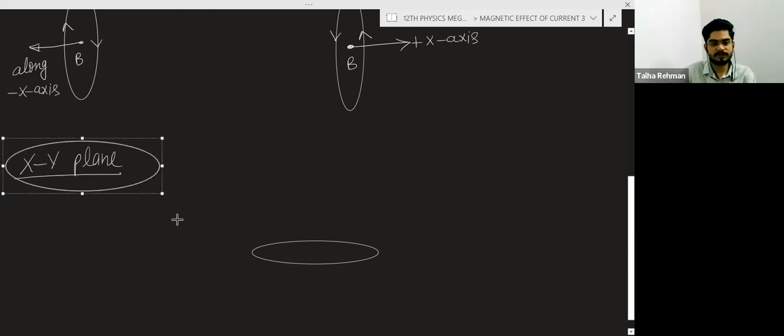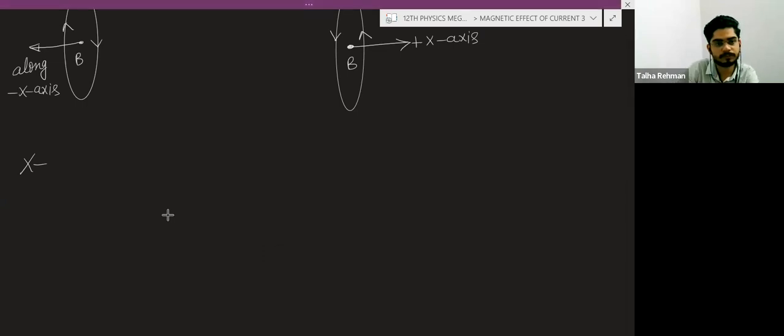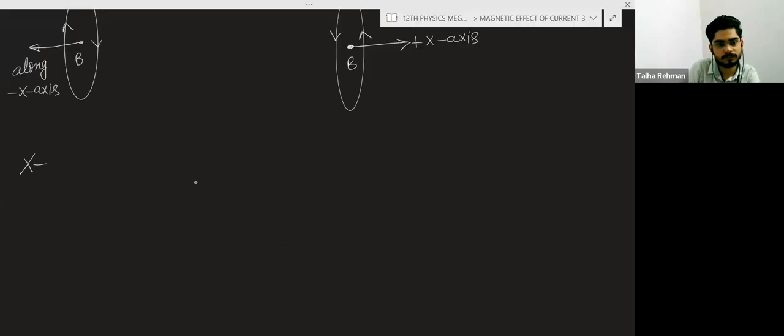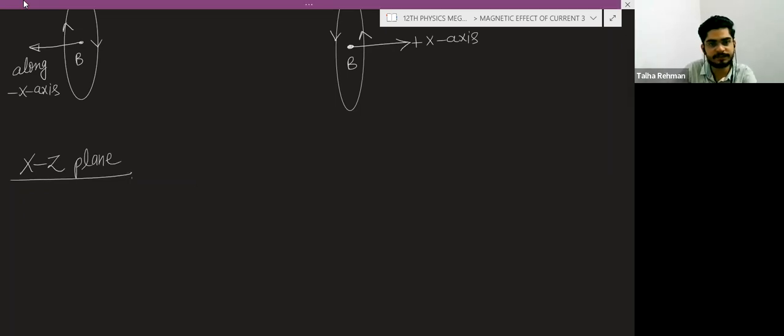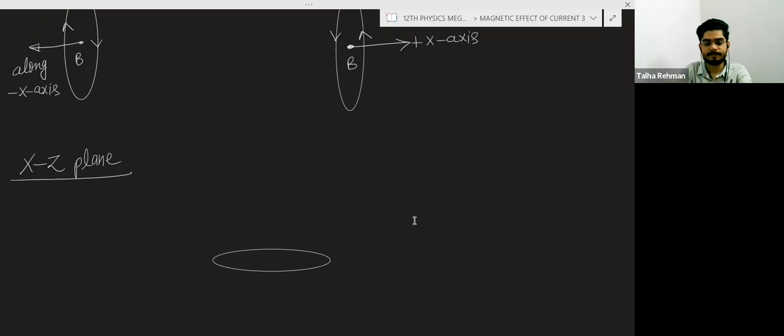Just this is XZ plane. So XZ plane will be like this. First see how, like this, okay. Means your ring is in the plane, okay, like this.